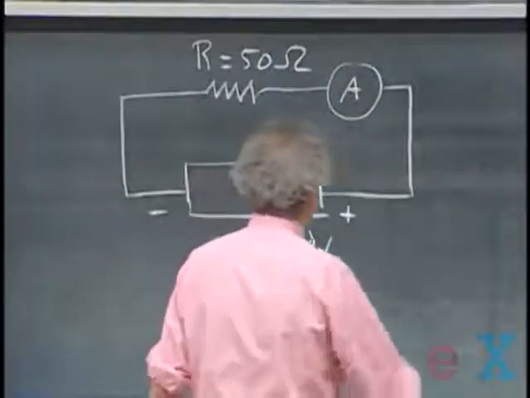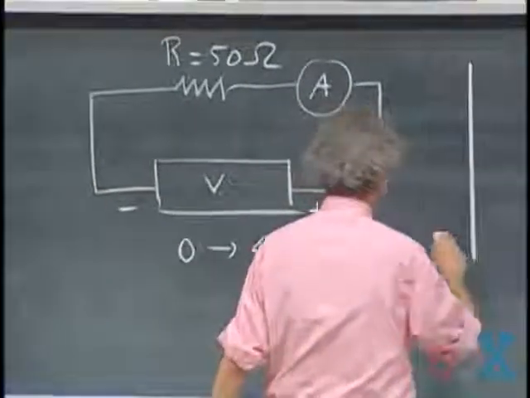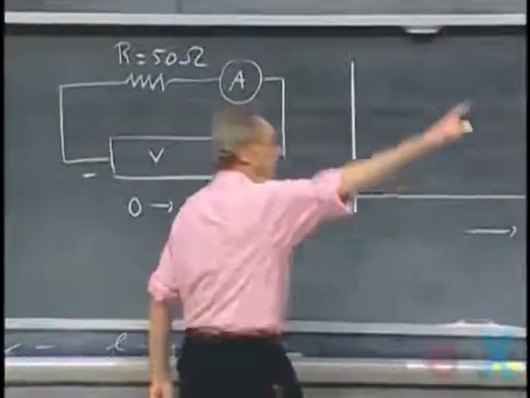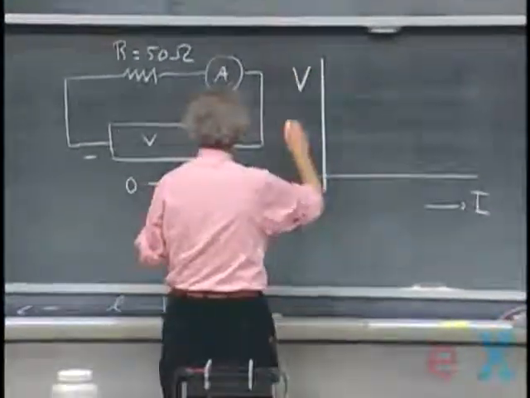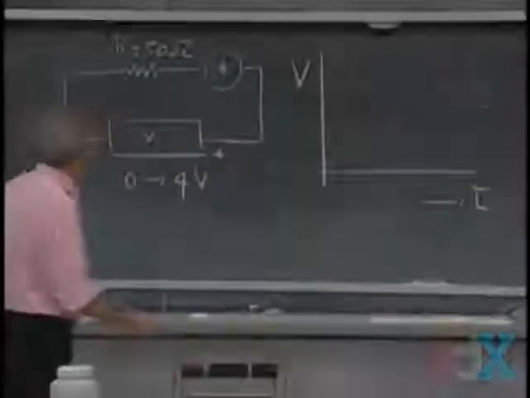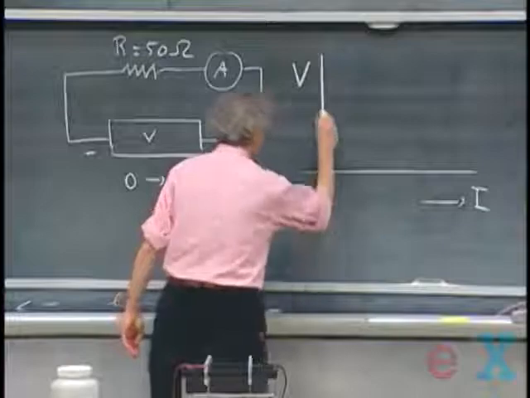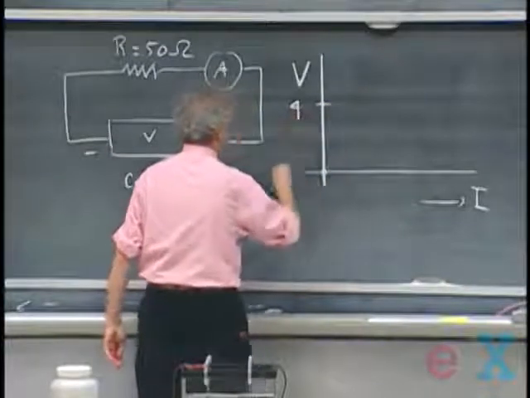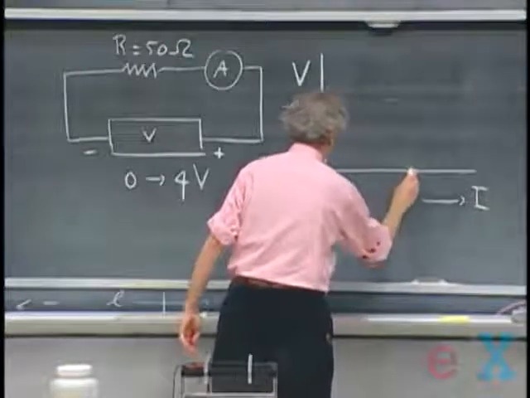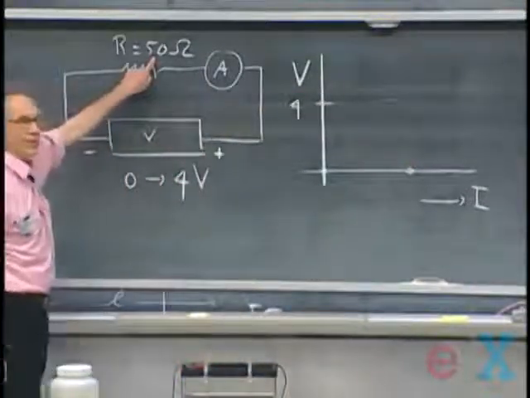And I'm going to show you on an oscilloscope. We've never discussed an oscilloscope, but maybe we will in the future. I'm going to show you there projected the voltage, which goes from 0 to 4, versus the current. And so it will start here, and by the time we reach 4 volts, we would have reached a current of 4 divided by 50.